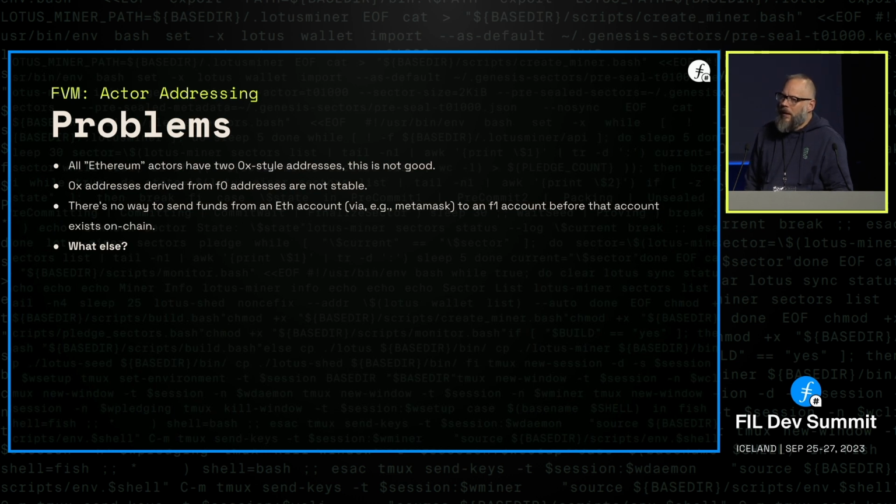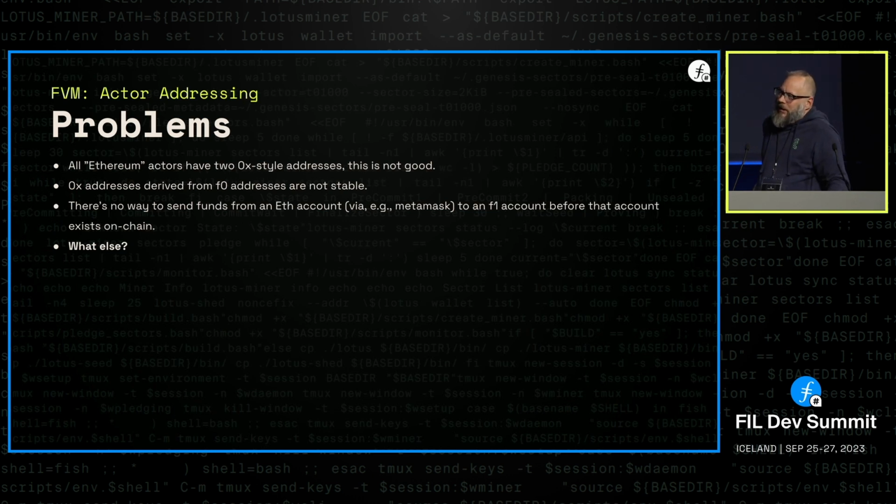Generally, I don't think it's been an issue because there is a way to do it, like you said, using a native call. And in most cases, the only time you're sending to an F1 address from something to do with Ethereum is if you're doing something fairly Filecoin specific anyway. So I don't think that's that much of a change in headspace or a blocker at that point in time.